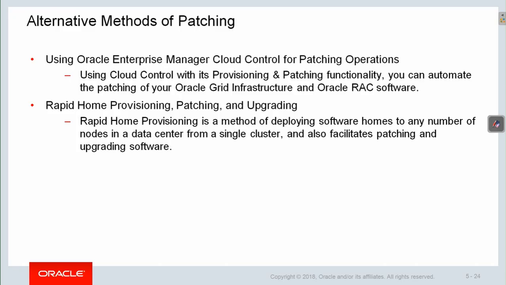When exporting the patch, we use the ACFS HA-NFS feature, highly available NFS. We have an ACFS snapshot that includes the patch applied to Oracle Home, and we export the content of the ACFS snapshot using HA-NFS to the client. Then we actually install the software on the Rapid Home Provisioning client side. So this is another method we can use.